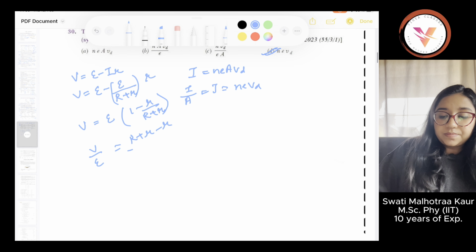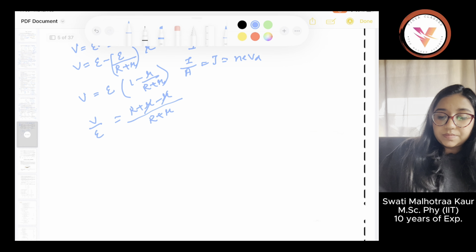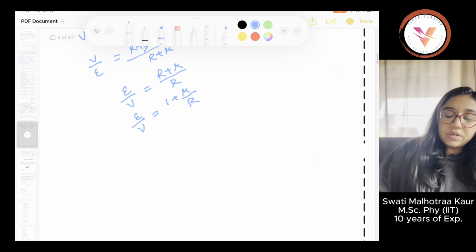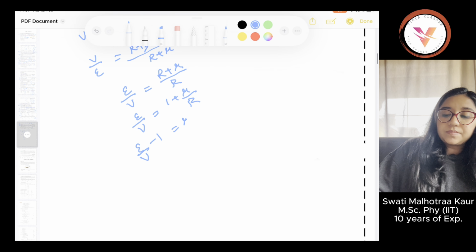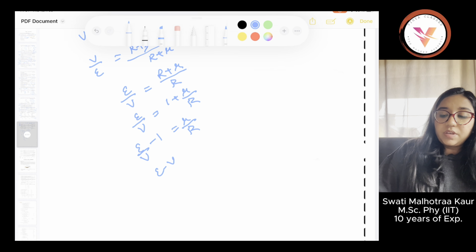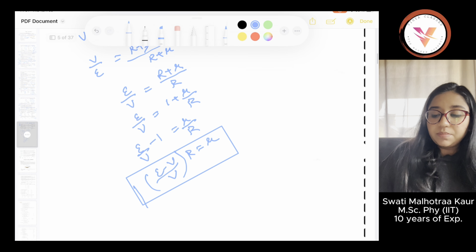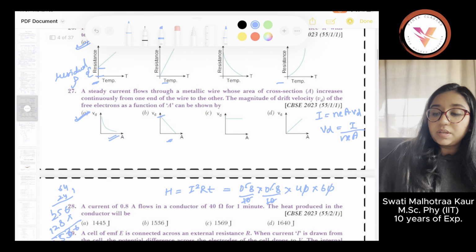You take the LCM, fine, and just reciprocal it. You'll get this. Then this is 1 plus r by R. Take 1 there. This is E minus V by V into R, which is equal to small r. So this is the relation: r equals E minus V by V times R.